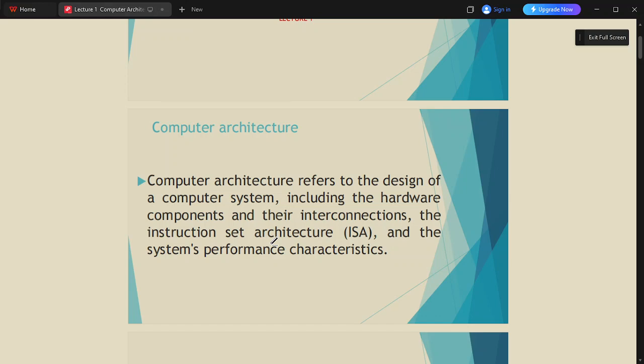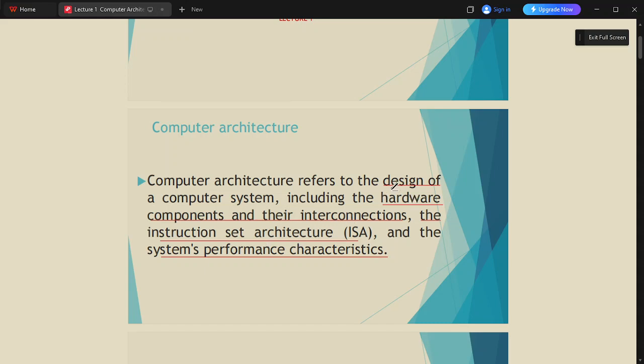So, if you look at this statement here, it has a few key components I would like us to look into, which is design of hardware components and their interconnections, the instruction set architecture, and the system's performance characteristics.